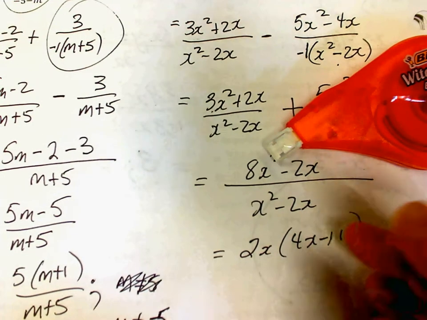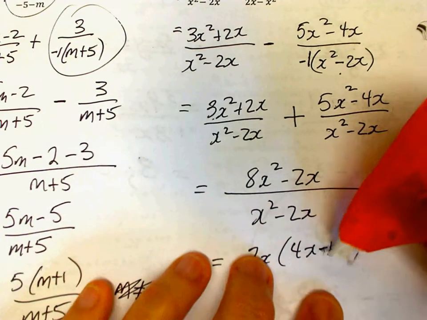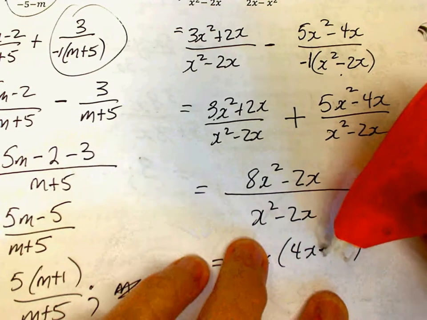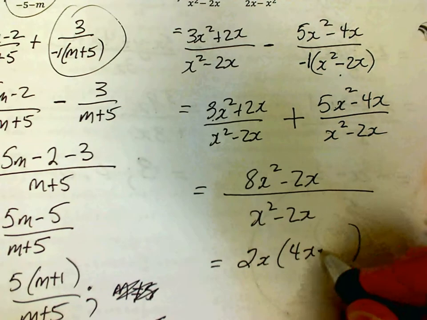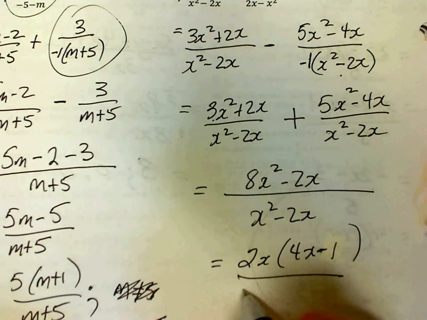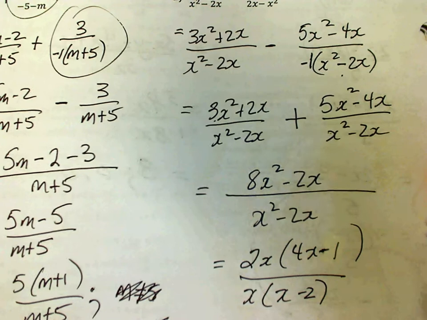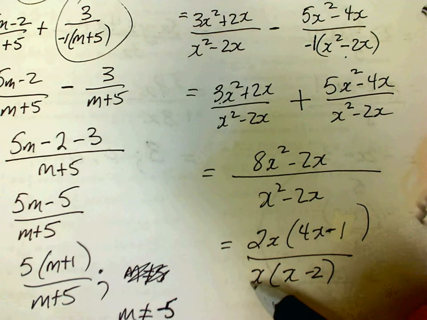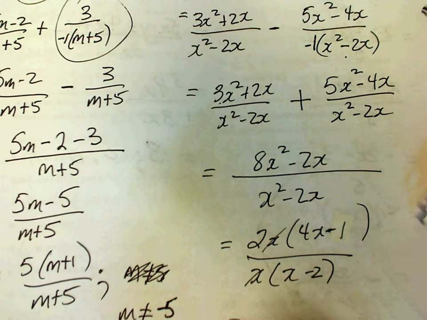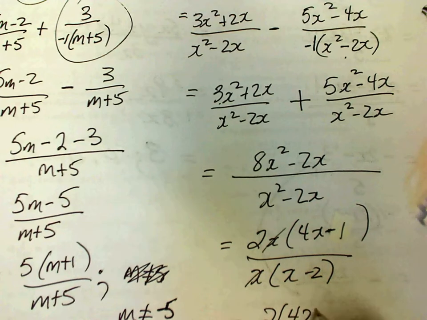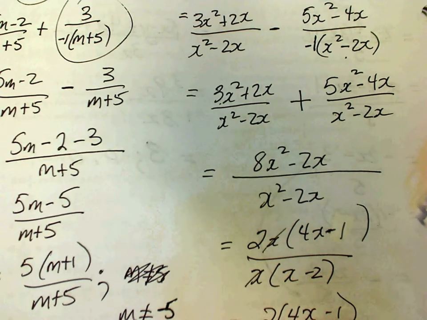Oh, for heaven's sakes. Just let me fix this here. 4x minus 1 all over x times x minus 2. So we can divide out our x's, right? That equals 2 times 4x minus 1 all over x minus 2.